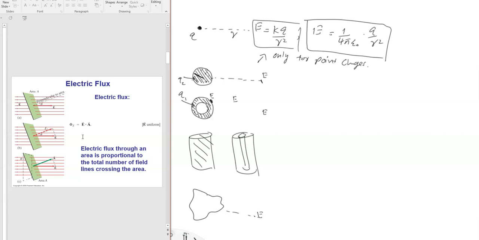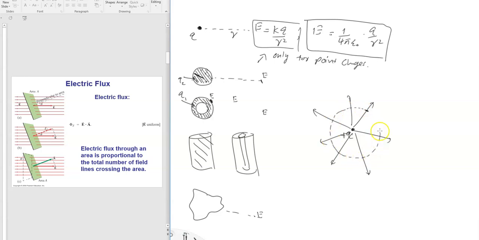Now imagine you have a point charge, a positive charge, positive Q. The electric field is symmetrically going outwards. Let's say I want to find the electric field at some point. If I draw a circle going through that point, I'm enclosing this charge using this surface, right?